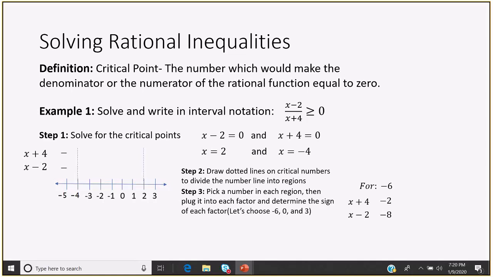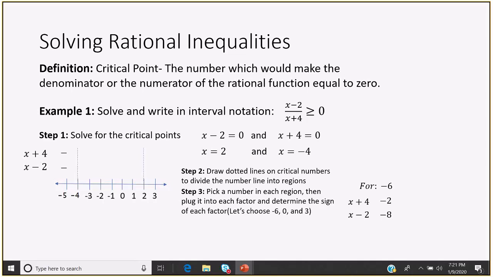And the truth of the matter is, those numbers don't really matter. All I'm concerned about is the sign. If you picked a different number, like -10, you'll get different numbers, but you should still get that the top factor is going to be negative in that region, and the bottom factor is going to be negative in that region.